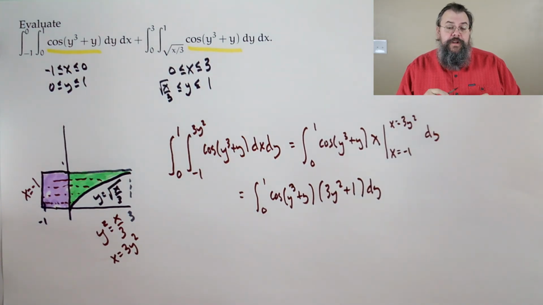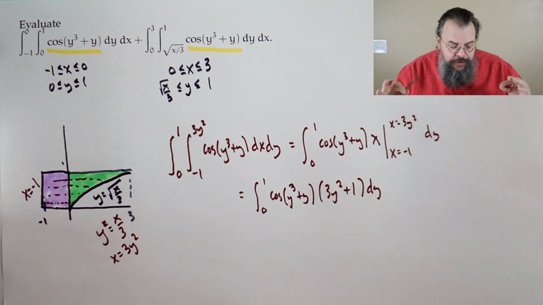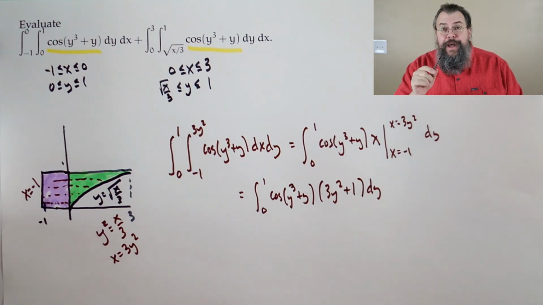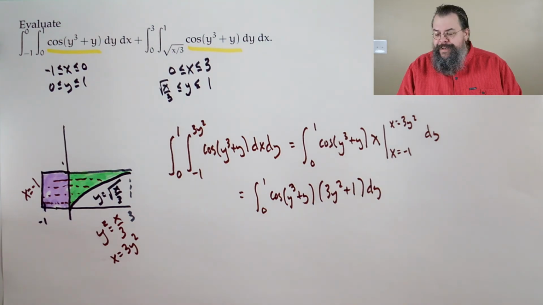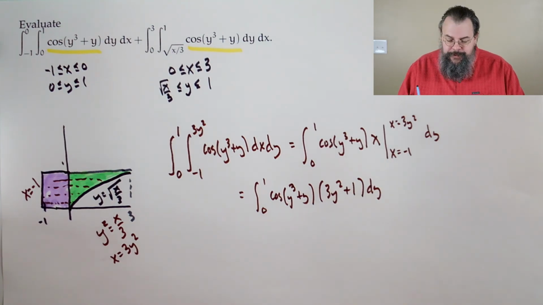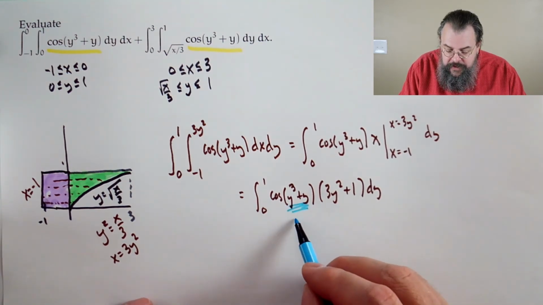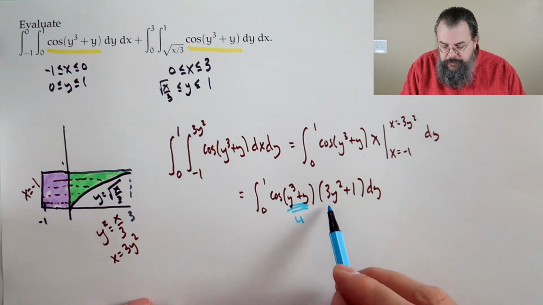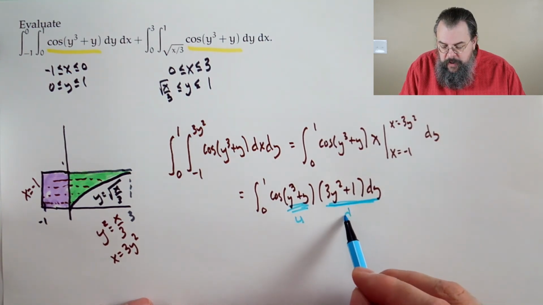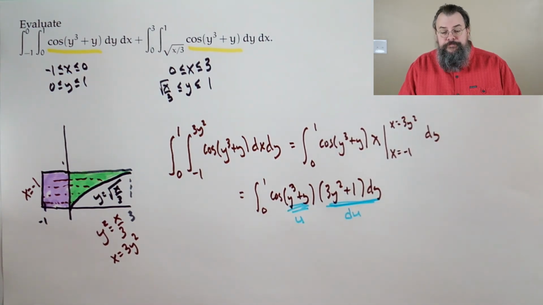Now, previously we had cosine of y cubed plus y, hopeless, hopeless. But now we have some extra stuff in here. Is there any hope? I think there is, because notice if you take the derivative here, if you think of this as u, this part is du.